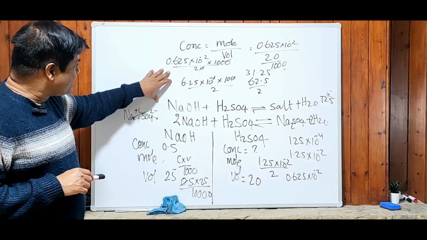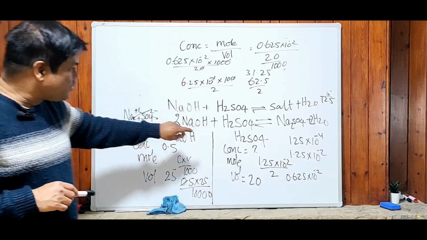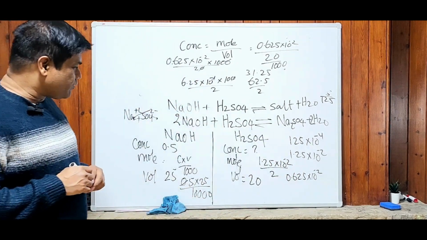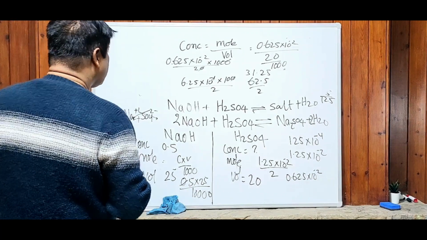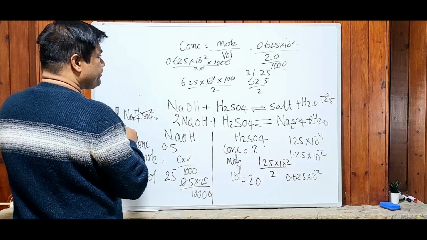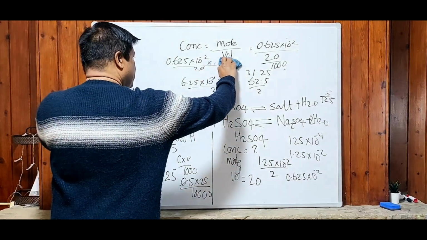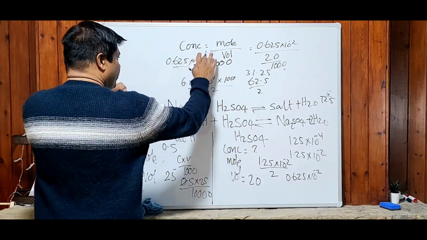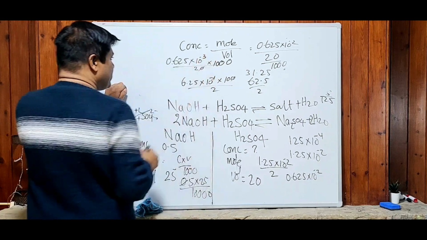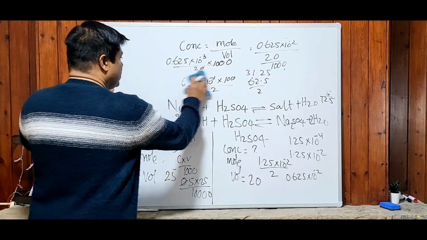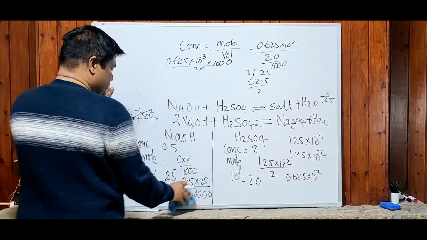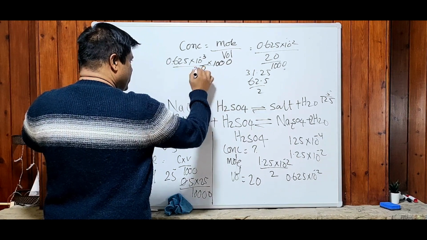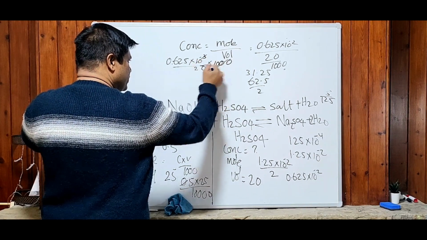Did I make any mistake? 10 to the power of minus 4. So that's fine. Look here. That's the 1000, and this becomes 10 to the power of minus 3, divided by 20. So the 10 to the power of minus 3 and the 1000 cancel off.